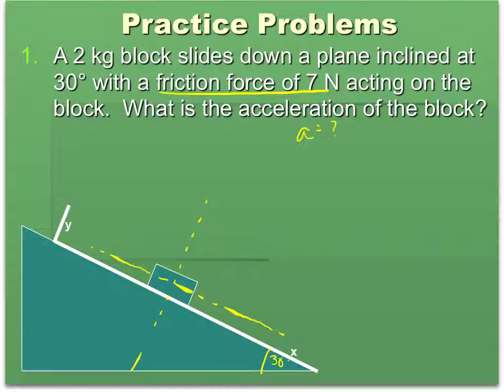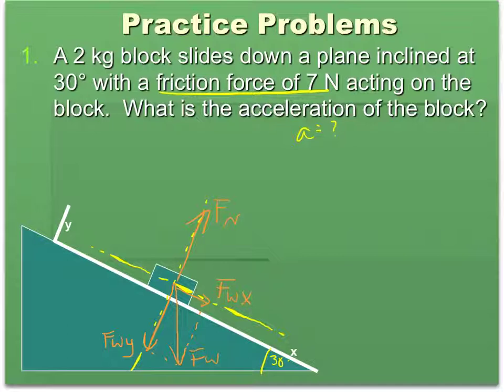And so I know on this block I'm going to have an FW, I'm going to have a normal force. I know that I have to take my force of weight and find its X component and also its Y component.